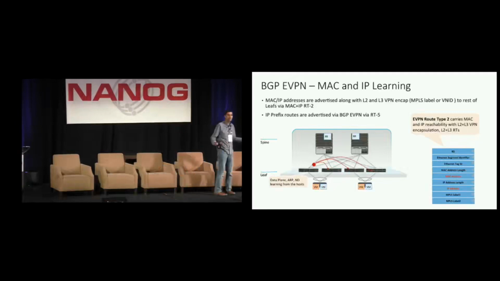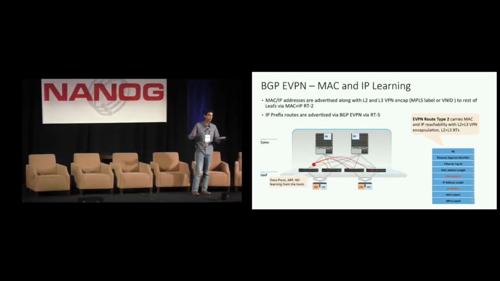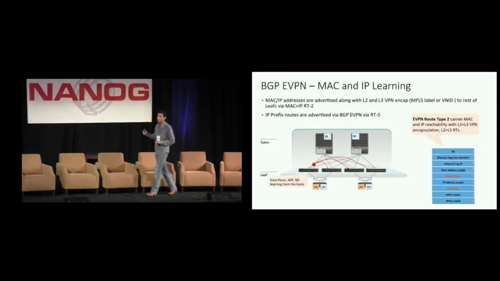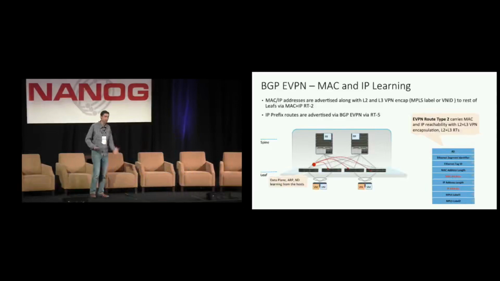And it is advertising IP reachability to all the other leaves that are part of the layer 3 VPN overlay, along with the layer 3 VPN encapsulation, which could be an MPLS label, a VXLAN VNI, or any other segment identifier, along with the route targets that enable import of this route into the respective IP VRFs on individual leaves.